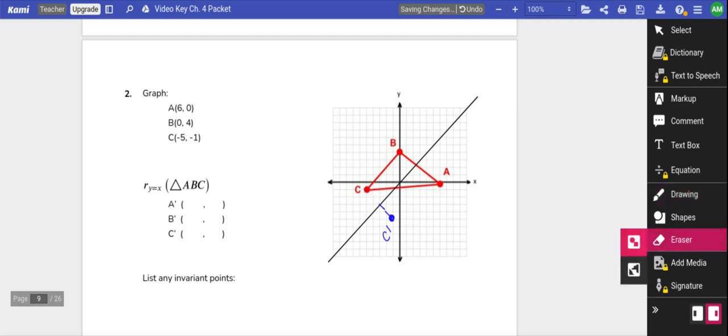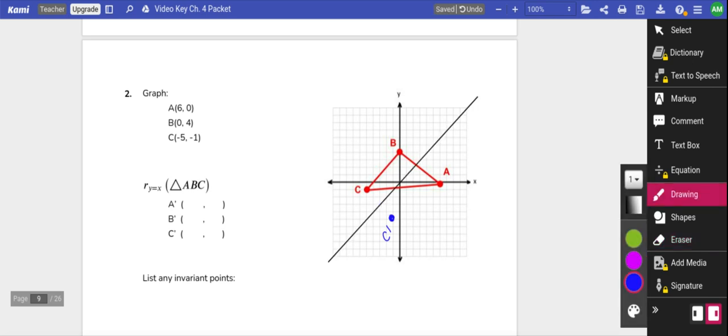Again, I can erase some of these extra lines in here. Oh, not that line though. Let's try point B. When I go from point B, I'm not going to follow the line from A to B because that's not perpendicular to my line. Instead, I'm going to go directly diagonal.